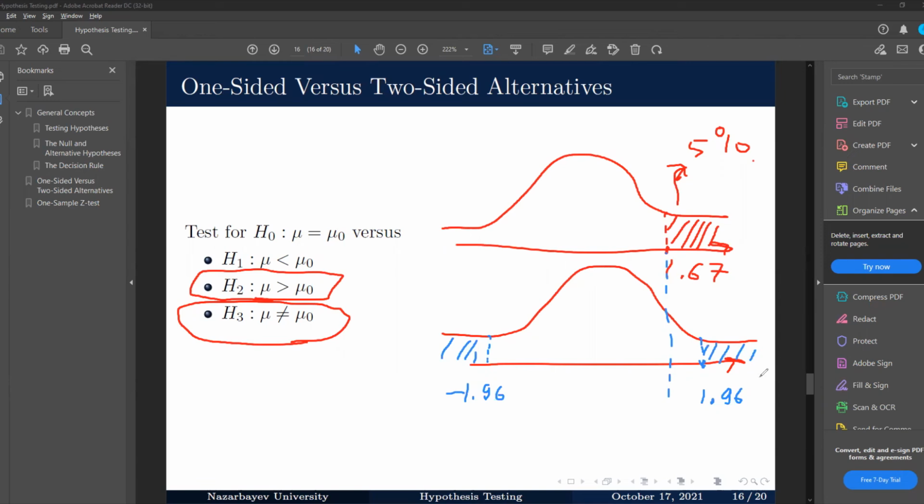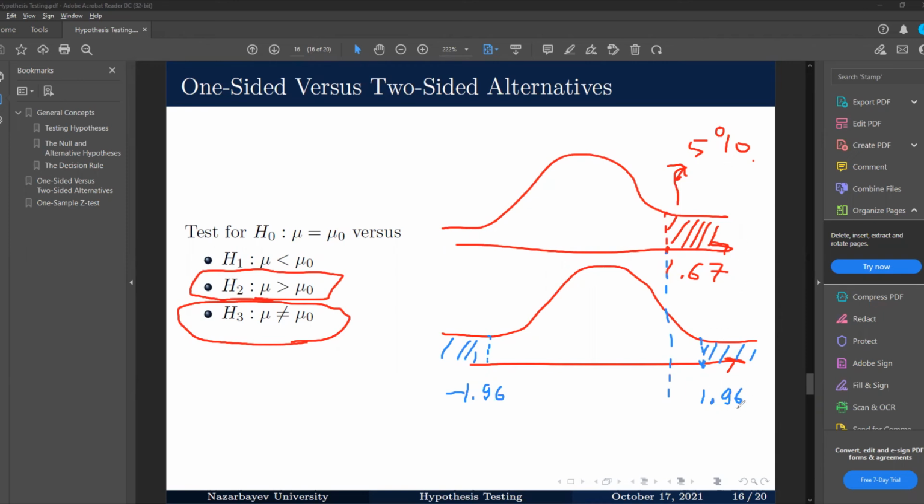So to get a positive result on the same level of significance, by positive result we mean that we reject H naught, our null hypothesis. It's easier to reject the null hypothesis when you conduct a one-tailed test on the same level of significance rather than a two-tailed test.